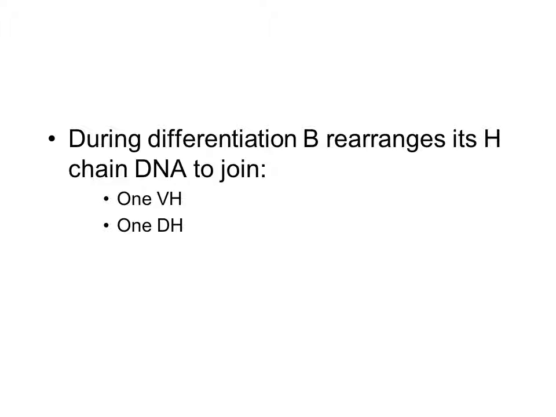So during differentiation, the B cell rearranges itself into a heavy chain DNA to join one variable and another diverse H part.